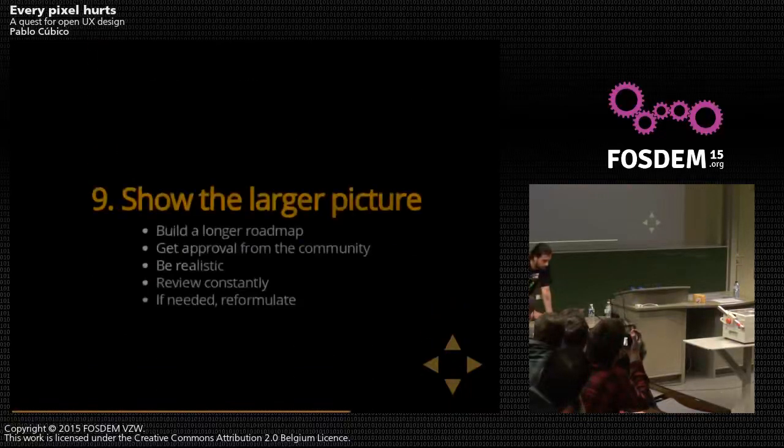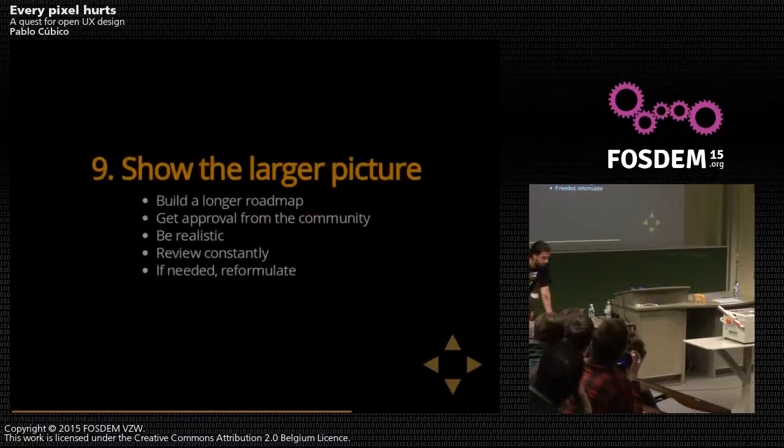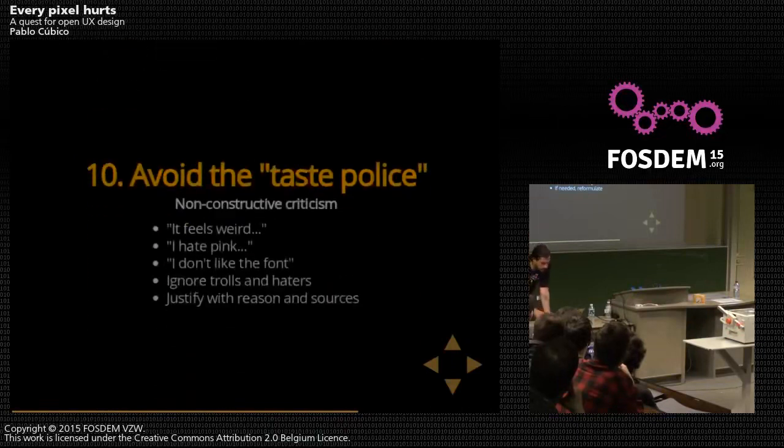Set goals, set deadlines, show the larger picture. All these things involve social skills and also some kind of leadership in the UX, because in most projects there is no one doing that. And if there is no one, there's a good opportunity to have some leadership, not to increase your value or your ego, but to lead people into that and teach them.